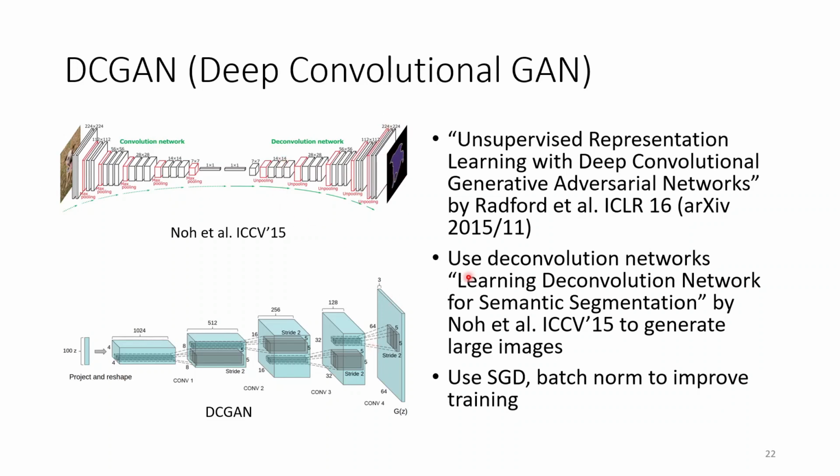Several months ago, the author of the DCGAN, Radford, found that he can just use the second half, so that when he has a random noise input, he can use the second half to train a generative model. So what's the innovation here?